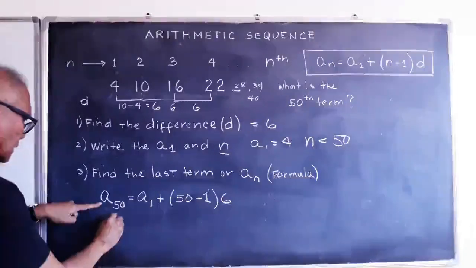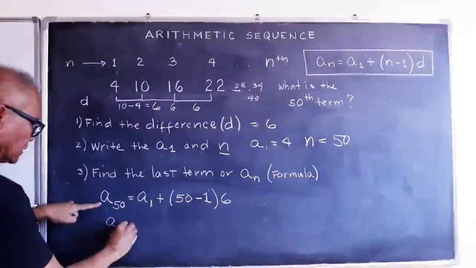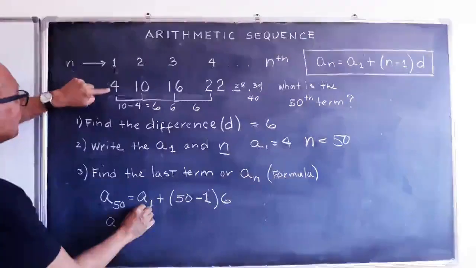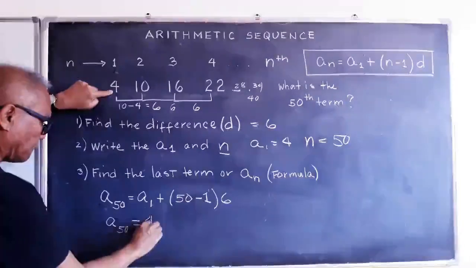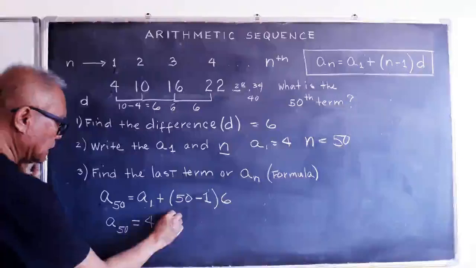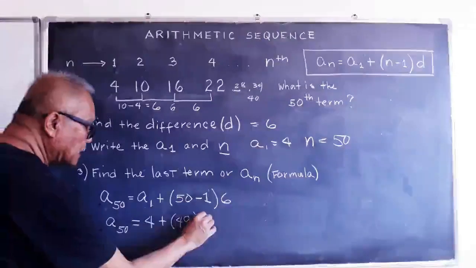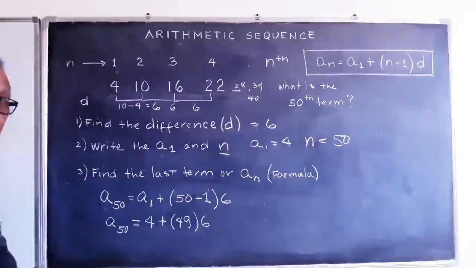What is A to the 50? A to the 50 is still unknown. We are finding that. It is equal to, what is A1? A1 is 4. 4 plus 49 times 6.